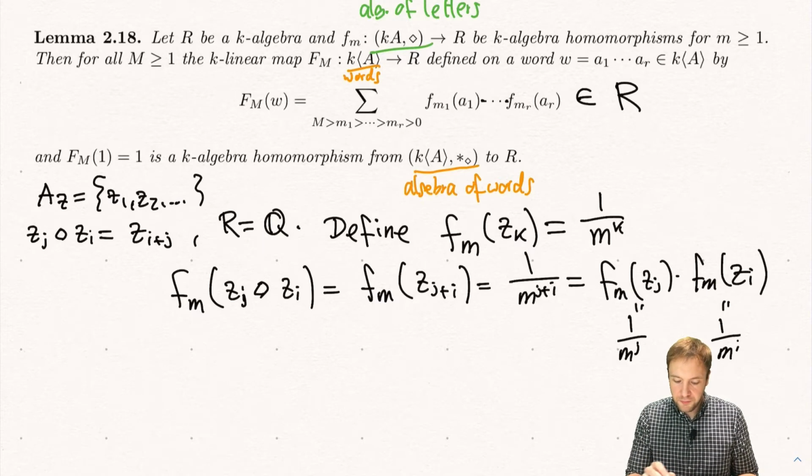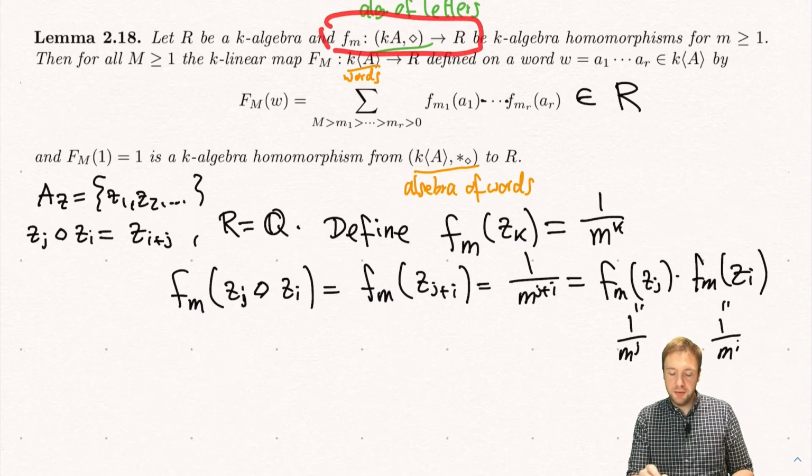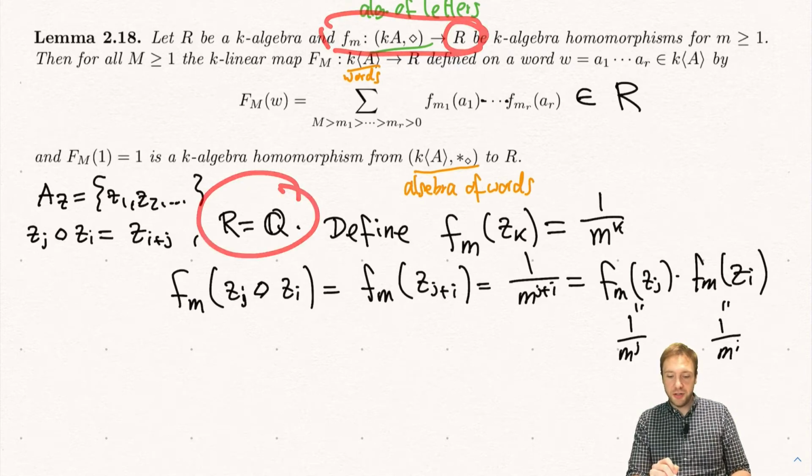So this gives an example of an algebra homomorphism from the algebra of letters to the rational numbers.